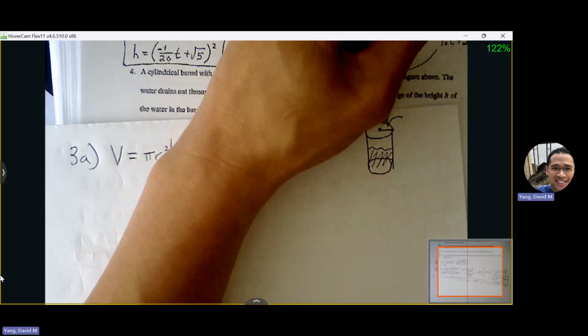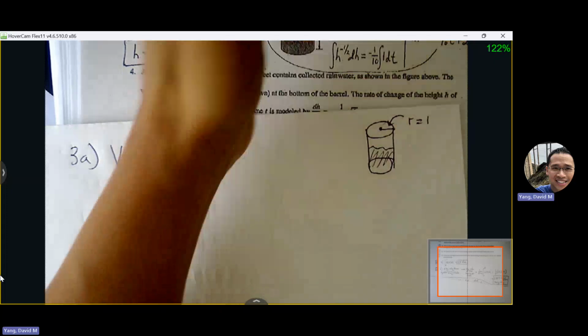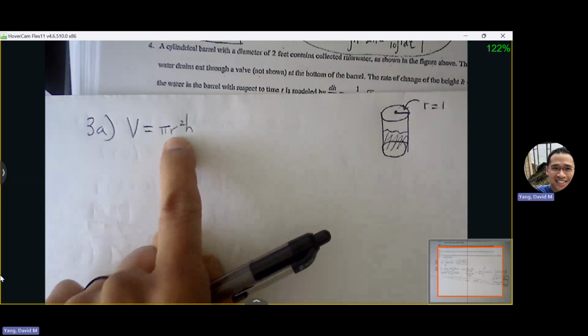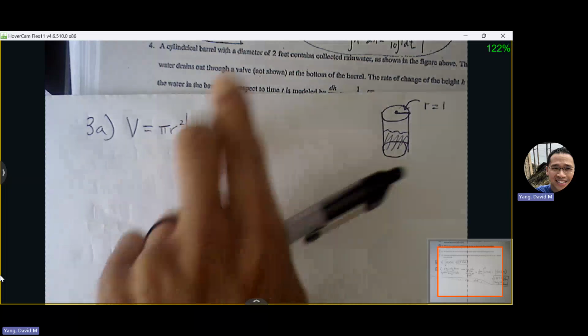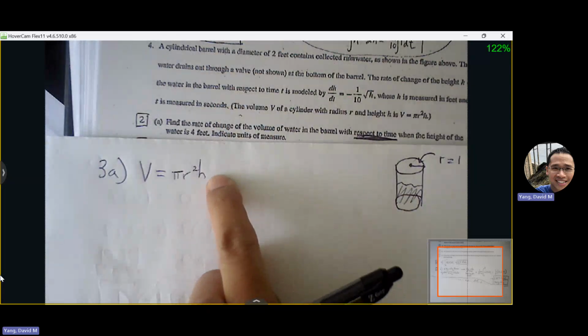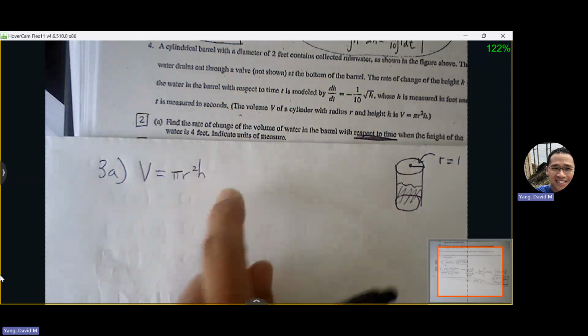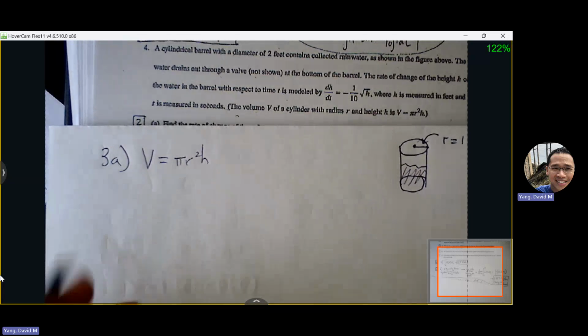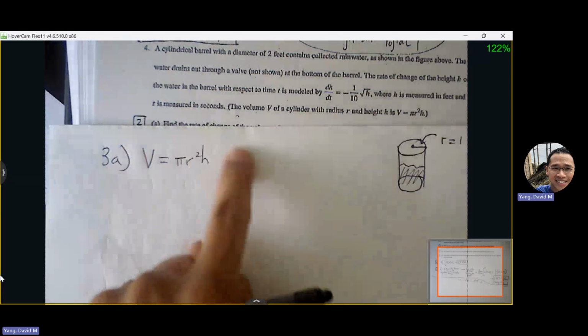So what we do know is that there's no need to hold on to our R variable. We only want to hold on to it if it's a moving part. We do need to hold on to our H variable, even though they tell us our H value. We don't want to replace that, at least not before the derivative. So sometimes you're going to get a bunch of values for variables that are not going to be suitable until after the derivative.